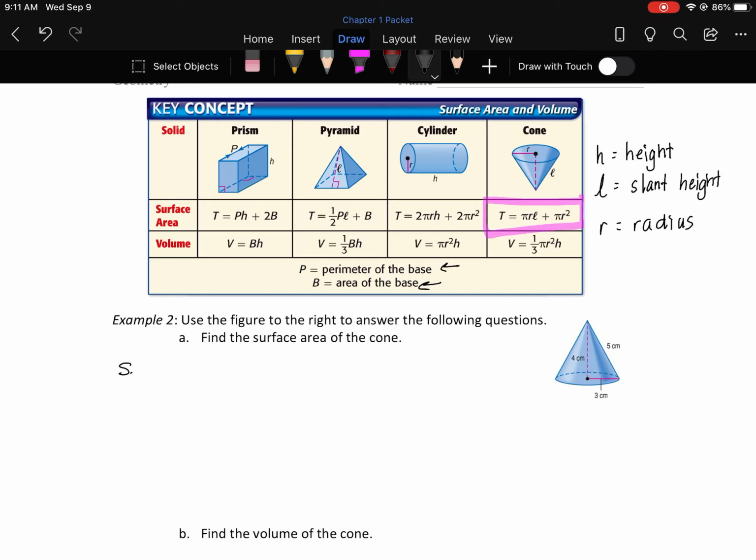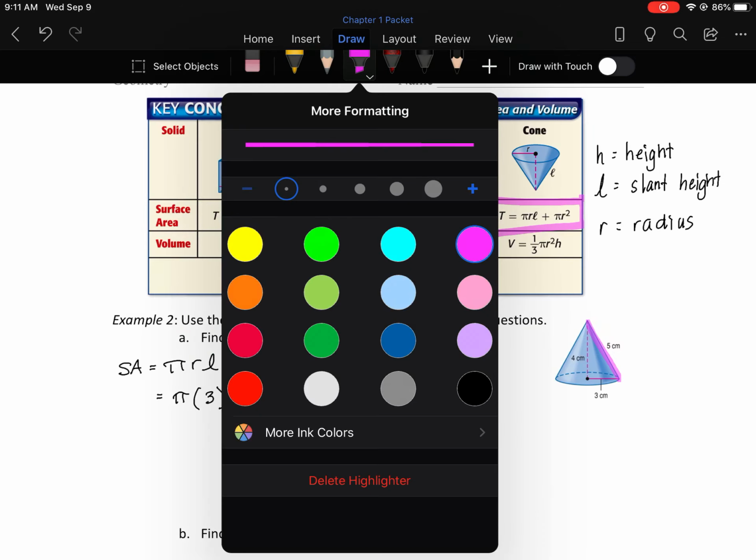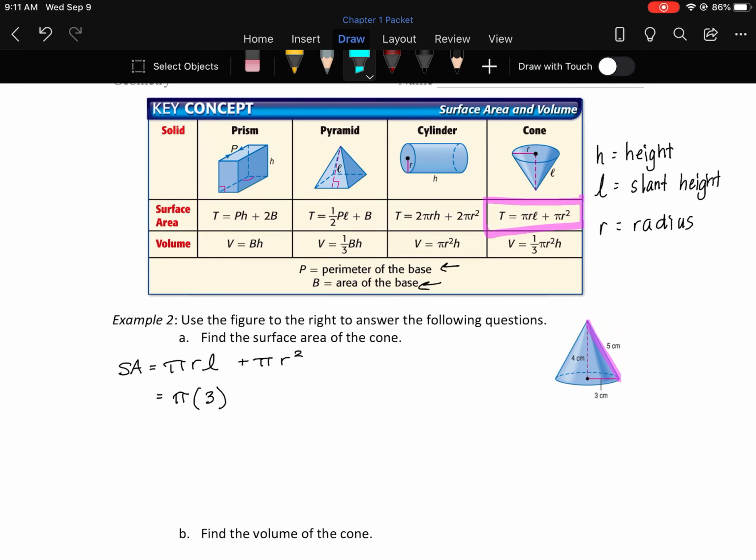So it's T, or I use SA for surface area, is pi times the radius times the slant height plus pi times the radius squared. So pi is just a number, so I'm going to leave it there. The radius, hey, they did give me the radius. That is 3. My L, which is my slant height, that is this in this case, because the regular height, let me get a different color, goes from the very bottom to the top.